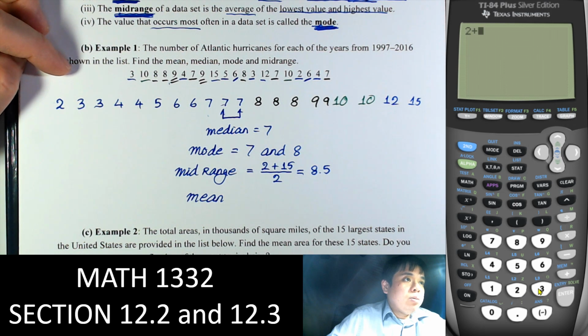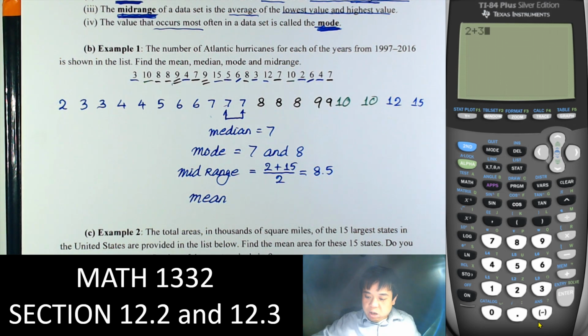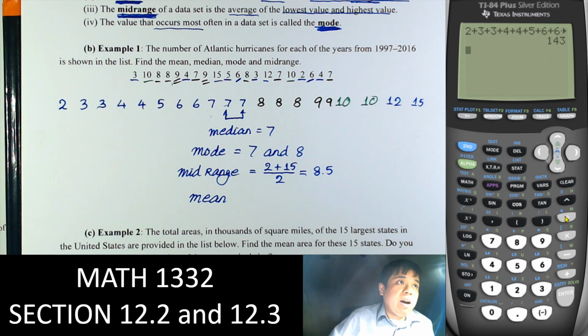We just add 2 plus 3. Let's see if I can use the keyboard instead, that will be faster. 2 plus 3, yeah, much better. 4, 4, 5, 6, 6, 7, 7, 7, 8, 8, 8, 9, 9, 10, 10, 12, 15, and divide by 20.